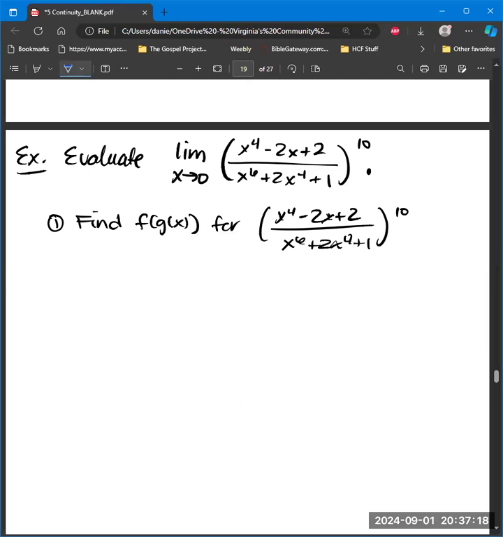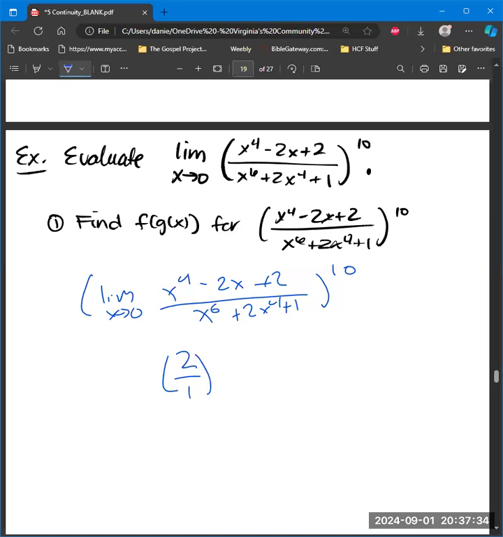So I take the limit of the inside, x to the 4th minus 2x plus 2 over x to the 6th plus 2x to the 4th plus 1, which gives 2 over 1, raised to the 10th. 2 to the 10th is 1024.